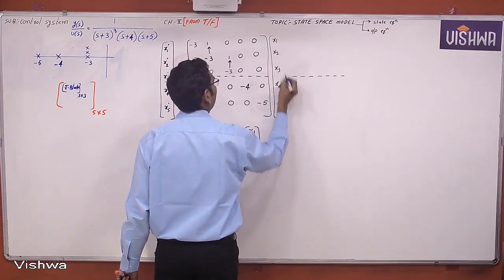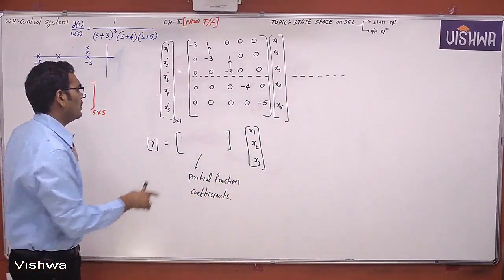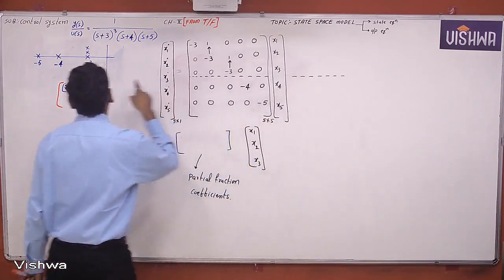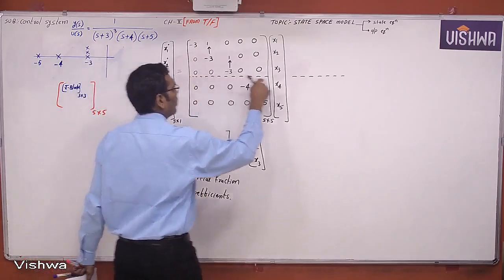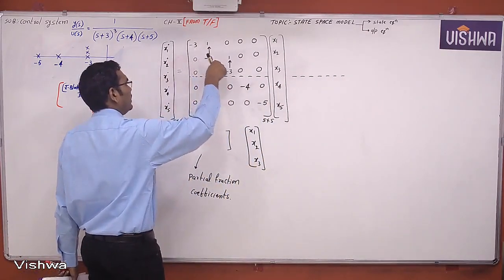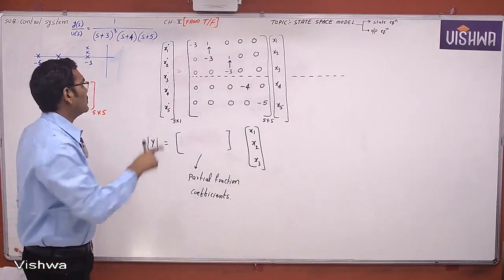Now, first you identify the Jordan block. The A matrix order is 5 by 5, and in that the Jordan block is only 3 by 3. This is the Jordan block and this is the Jordan boundary. In the Jordan block, whatever the diagonal element, the element above it must be 1. Sir, but why not here?